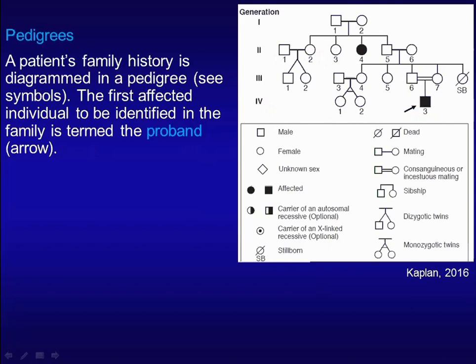A filled square or circle represents an affected individual. A symbol with a slash represents an individual who is deceased. And this symbol with a note SB represents stillborn. And these are symbols for dizygotic twins and monozygotic twins.